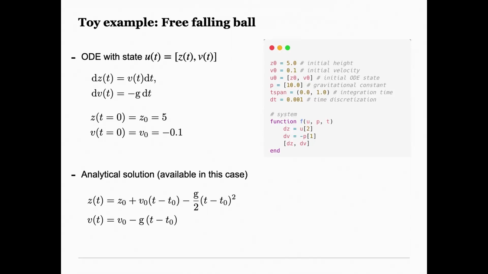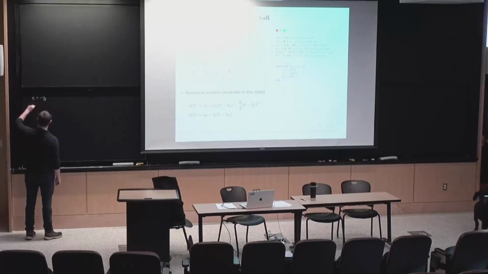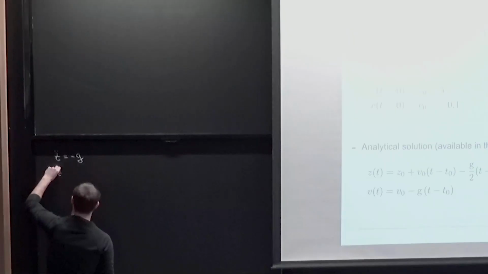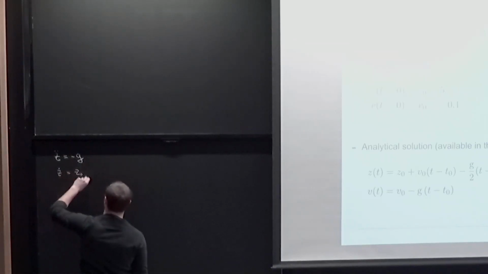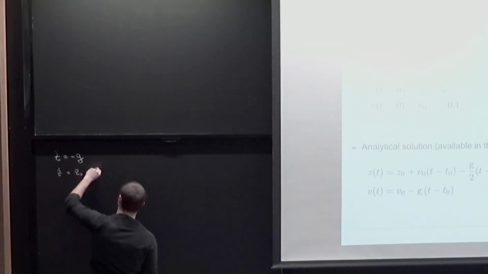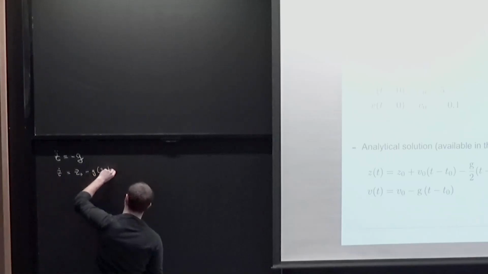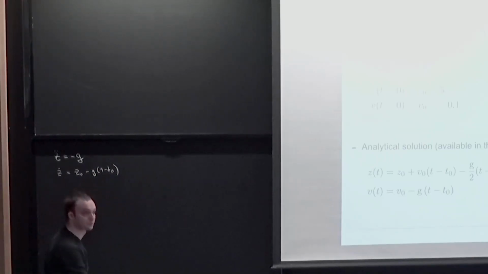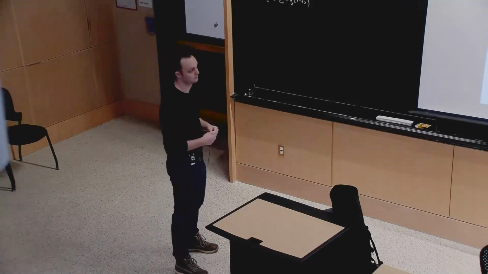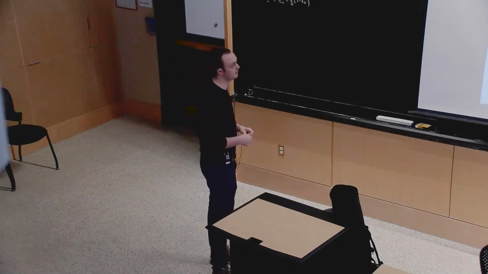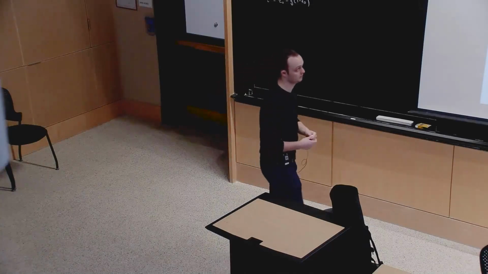So we simply integrate that equation twice. We have that z prime is equal to some offset minus g (t minus t0). And then we integrate it a second time and we get the full analytical solution of the height with respect to time.